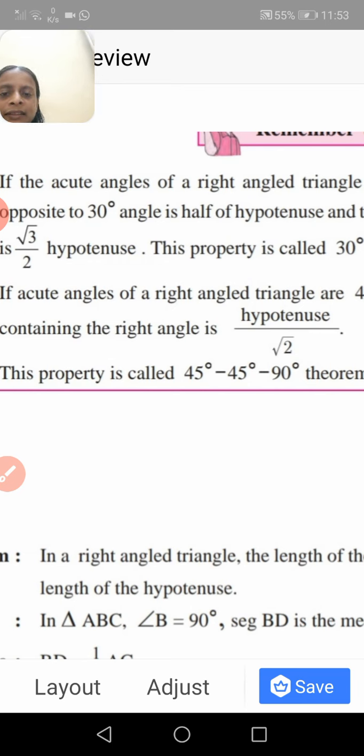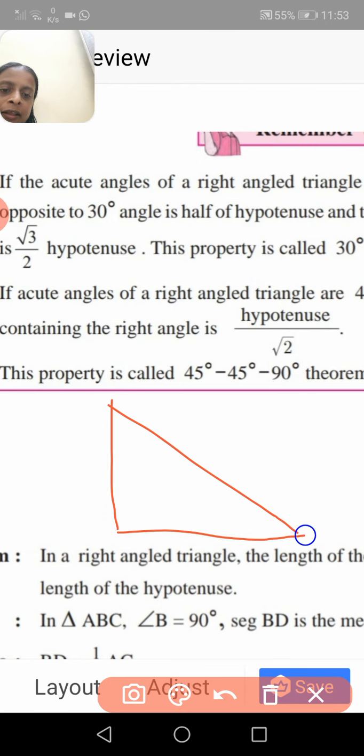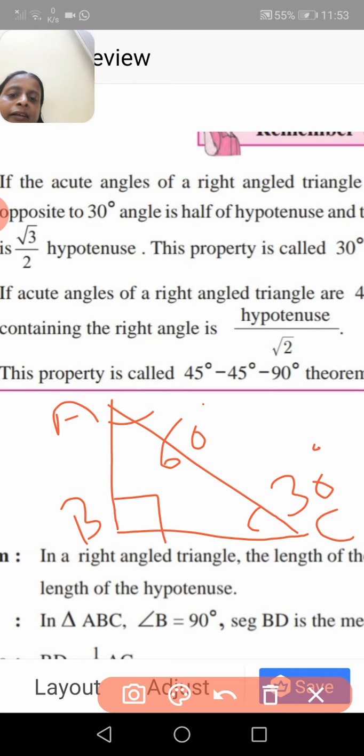So here once again I will draw the figure and will explain the concept. In a right angled triangle, if one angle is 90 degree, one angle is 60 degree and the other angle is 30 degree, then the side opposite to 30 degree, in this case it is triangle ABC, right angle at B, angle C is marked as 30.